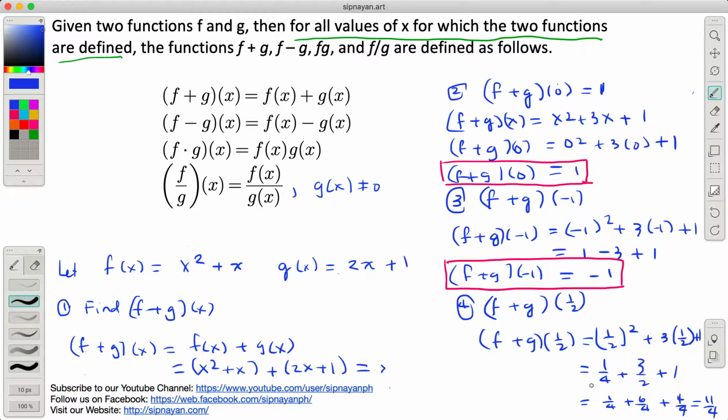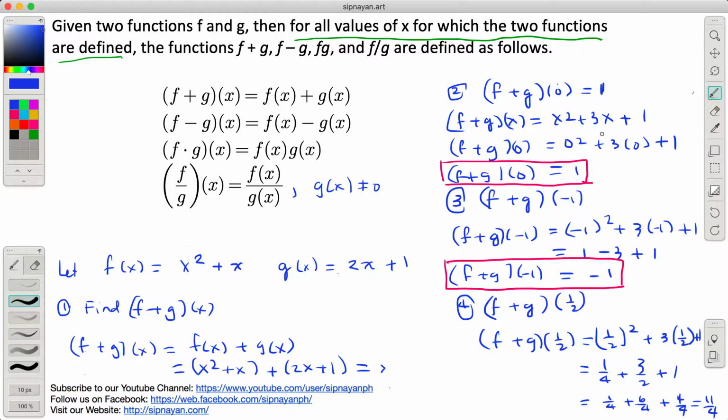So that's it. The operation is very simple: you add algebraic expressions, and for specific values, you substitute into the resulting function. Our resulting function is x squared plus 3x plus 1.